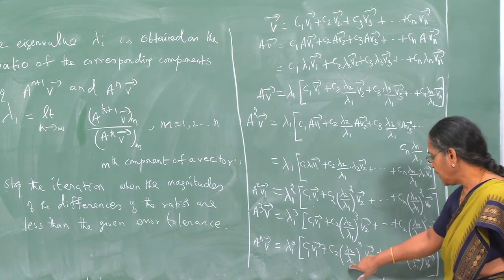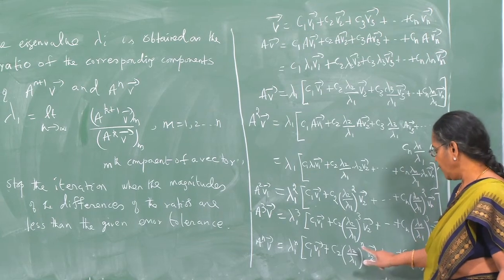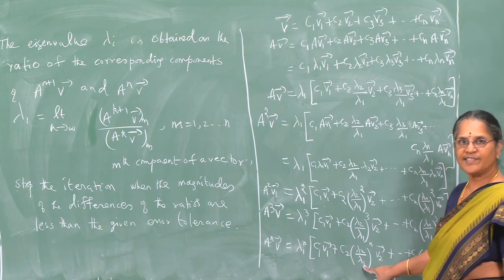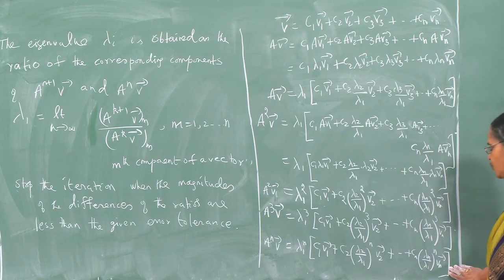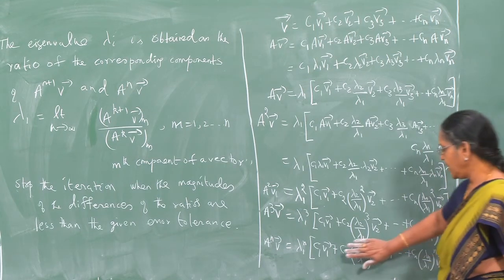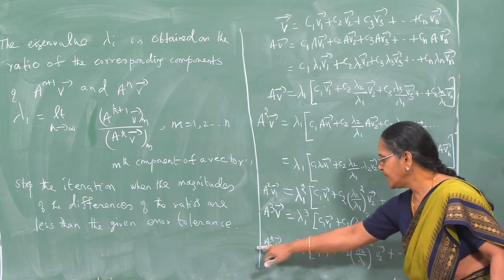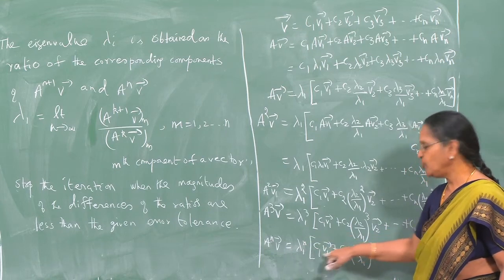Lambda 2 by lambda 1 in absolute value is less than 1. So, the limit as n tends to infinity of a quantity which is less than 1 to the power n is 0. So, all these terms tend to 0 as n tends to infinity, and the limit of A power n into V as n tends to infinity is lambda 1 power n into C1 into V1.